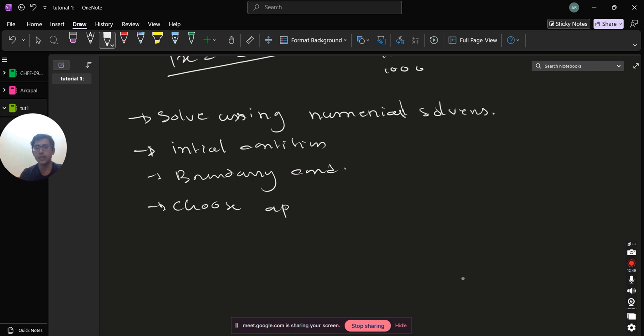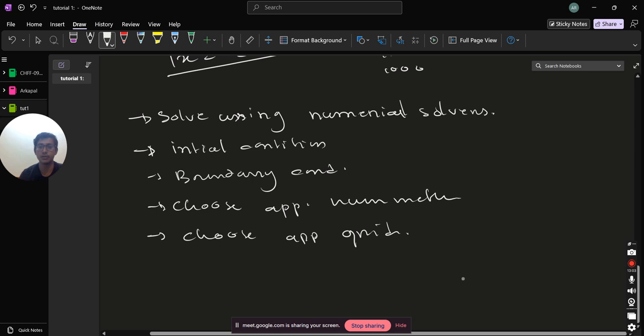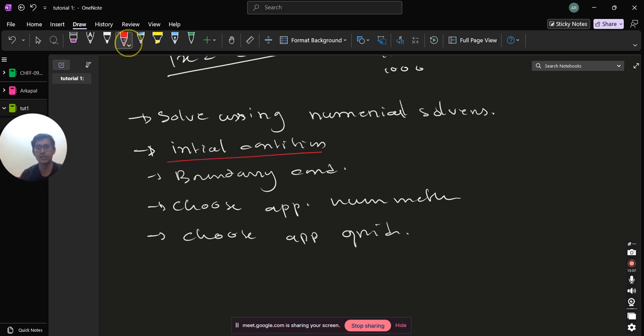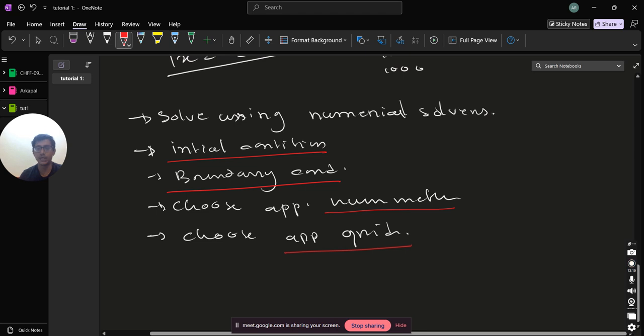We can choose appropriate numerical methods, we can choose appropriate grids, then we finally get the solution that we need. Okay, so you do not need to worry about initial conditions and boundary conditions. Sir will again touch upon them, and these numerical methods, the type of grid and all, will come in at a later stage.